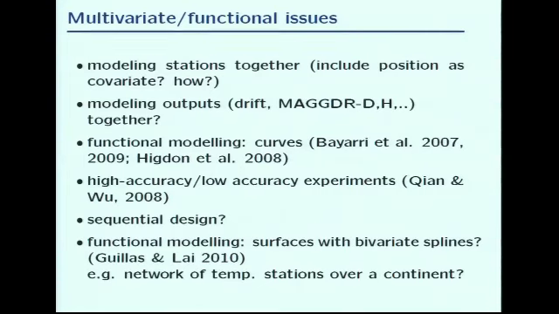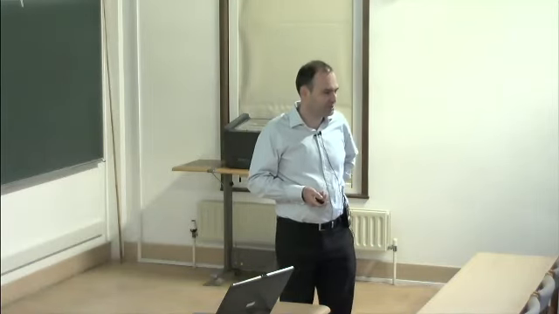The output is easier because the computer model gives you many things, but still, the observations are usually located at scattered locations, and that's a way to maybe represent those types of observations. So there are many ideas, and I hope you will be interested. Thank you.